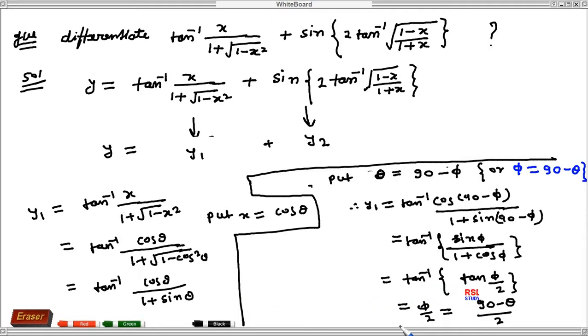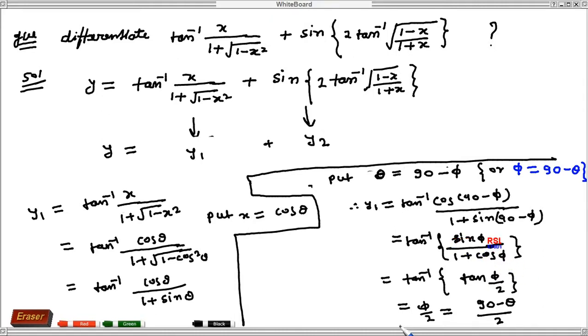Note here I have done it in one term, since I have practiced a lot, so I have written directly. If you are not getting it, then go step by step. That is, in place of cos phi write 2 cos square phi by 2 minus 1. So that minus 1 and plus 1 will be cancelled. So in the denominator there will be 2 cos square phi by 2.